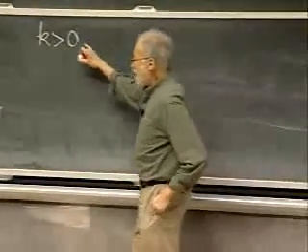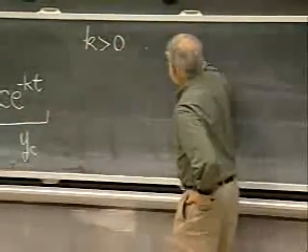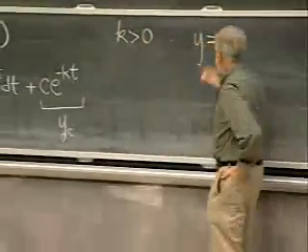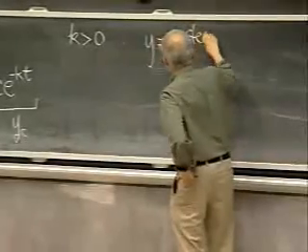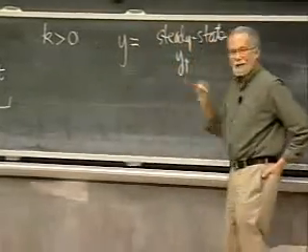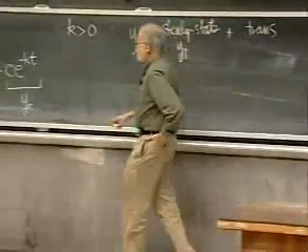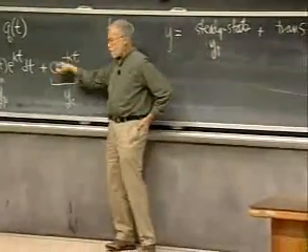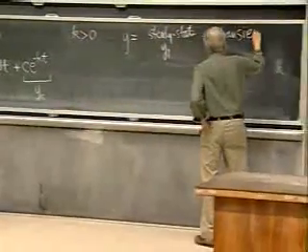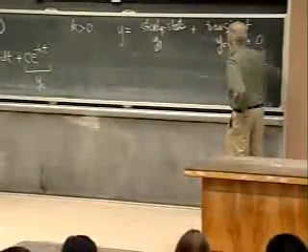When k is positive, that had the effect of separating that solution into this part, which was a transient, and the other part, which was a steady state. The steady state solution was the yp part of it in that terminology. And the transient part was transient because it went to 0. If k is positive, the exponential dies regardless of what c is. So the transient, that's the yc part, goes to 0 as t goes to infinity.